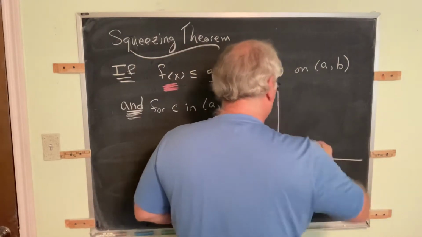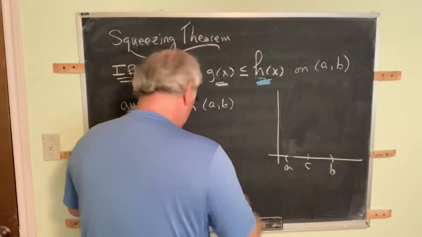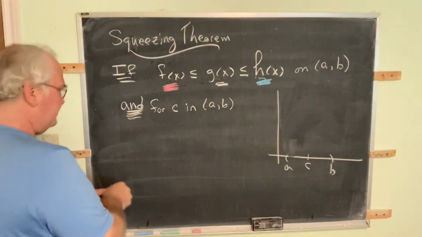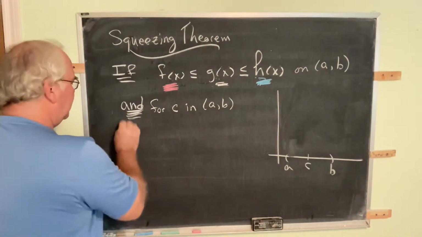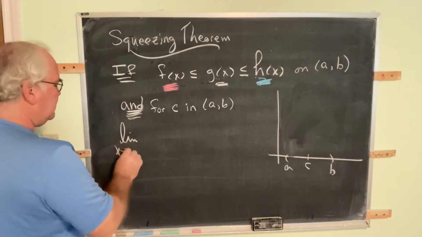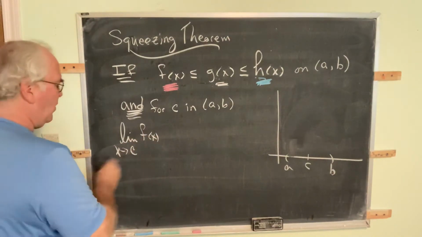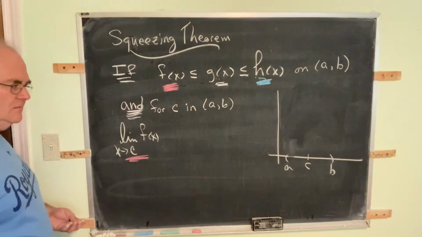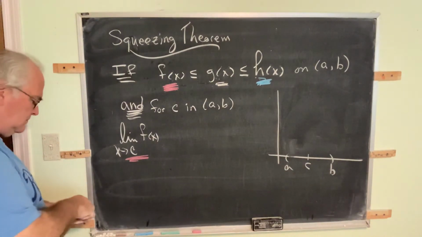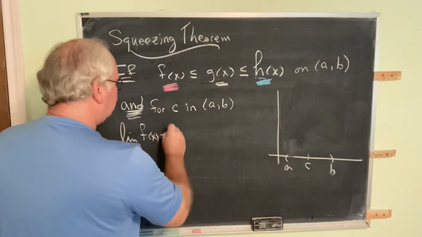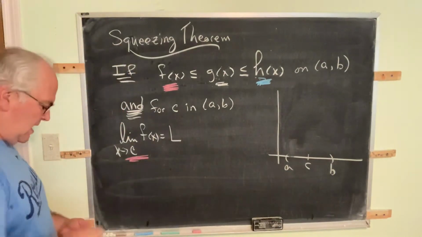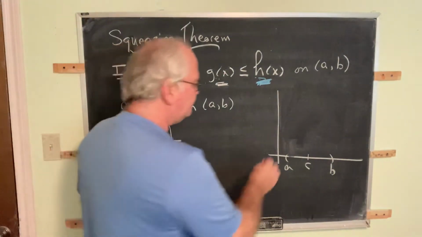I'm going to make an additional restriction here. What I'm going to say is the limit as x goes to c of f of x, that's the red, is equal to L. Now, here's how I want to draw that.